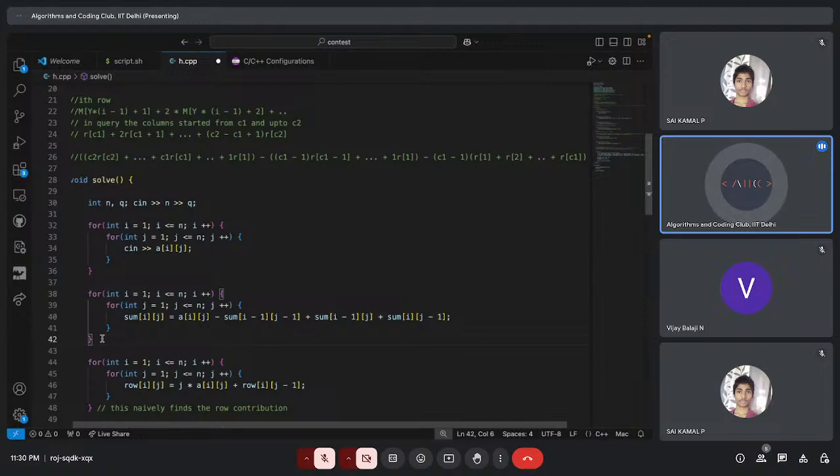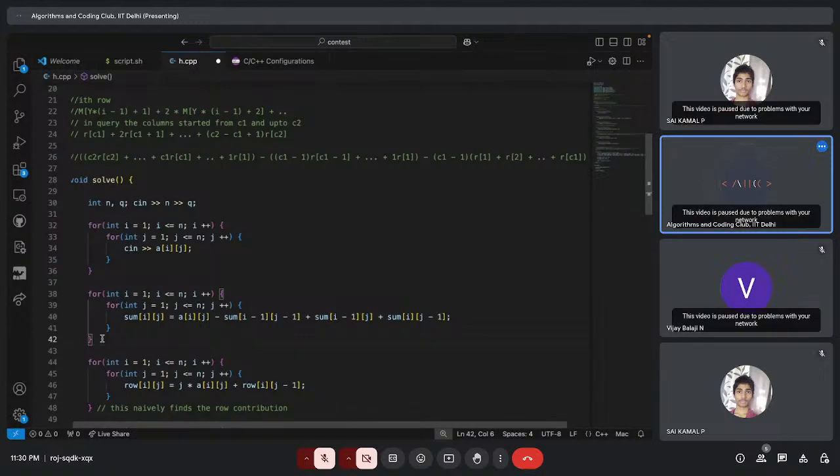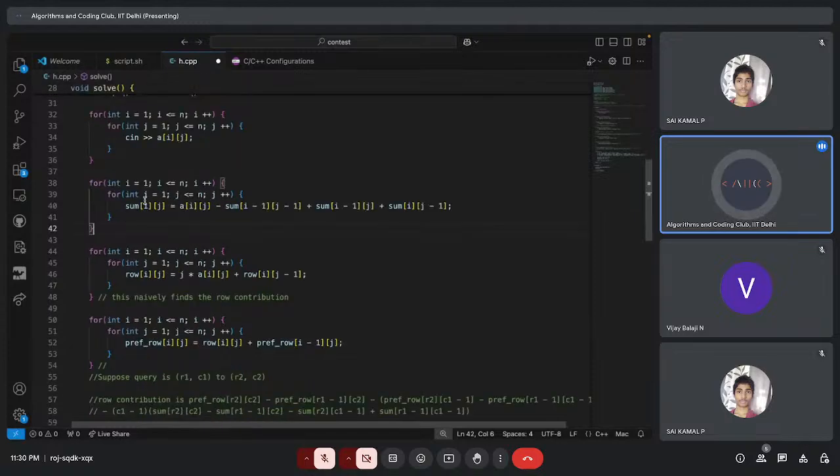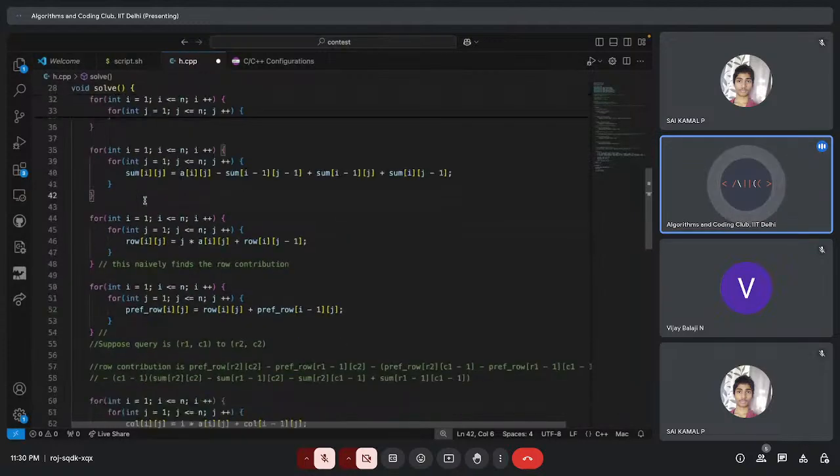Having found these three 2D vectors, sum, pref row, and pref col, we finally express our row contribution as some function of these three 2D vectors and column contribution as some function of these three 2D vectors. What this expression exactly turns out to be depends on your implementation, but nothing more than simple mathematical manipulation would be required to find that.